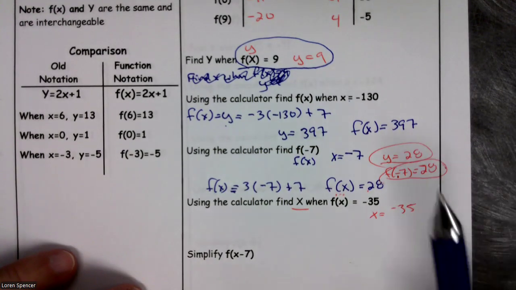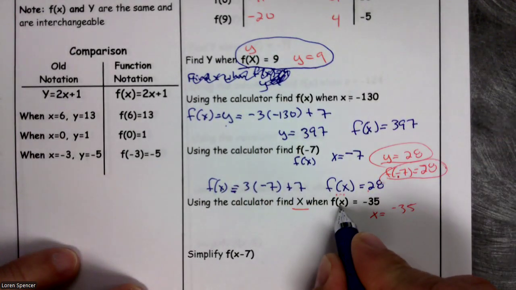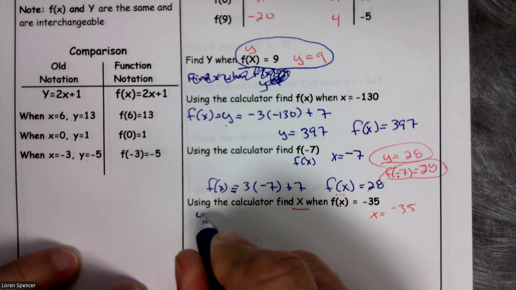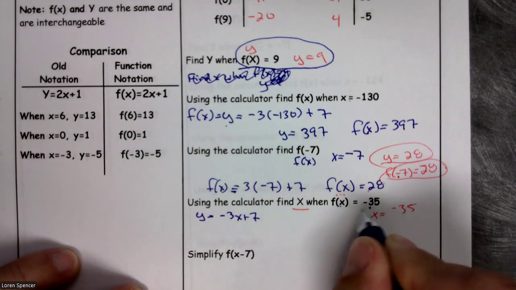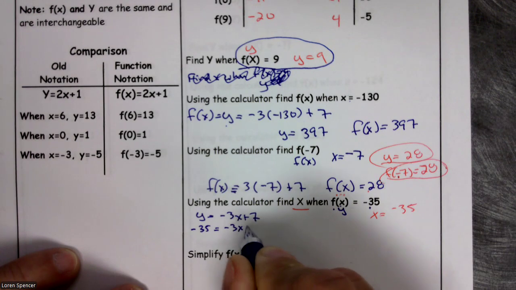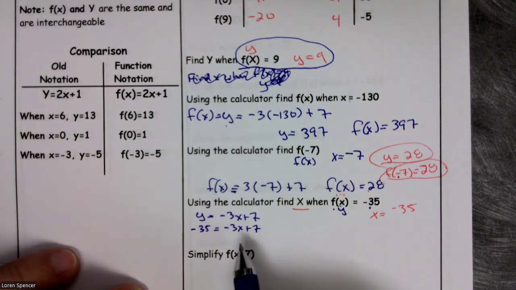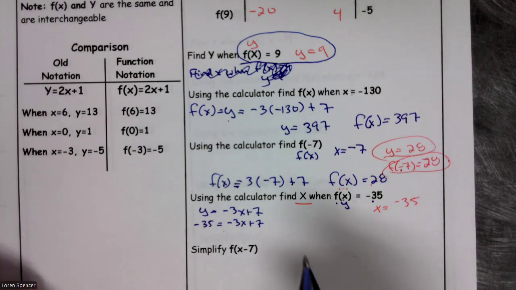Alternatively, we could have gone, well, f of x is y, so we have y equals negative 3x plus 7. That's y, so y equals negative 35. So negative 35 equals negative 3x plus 7. Now, at this point, we can either solve it by hand, or if you have Desmos available, you could go to Desmos and plug it in like this.